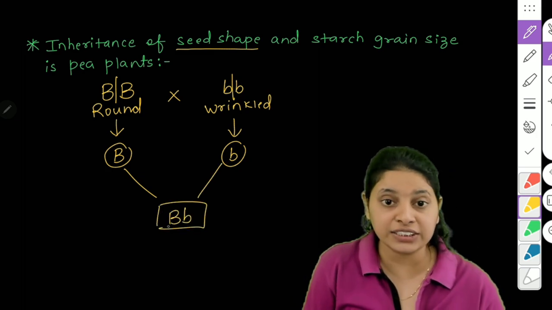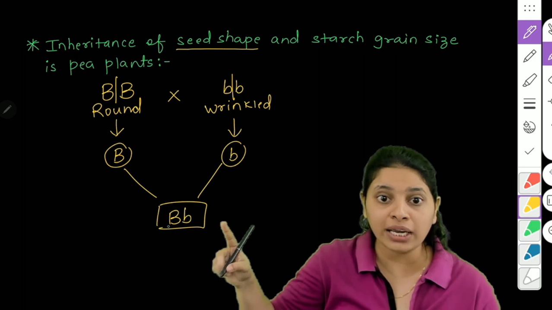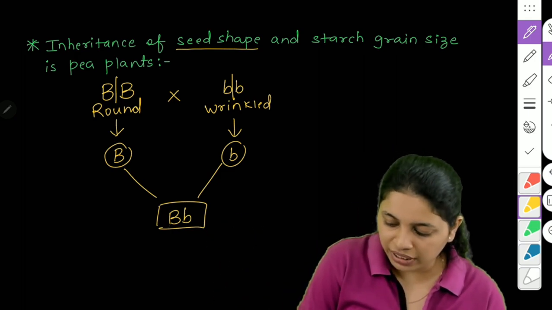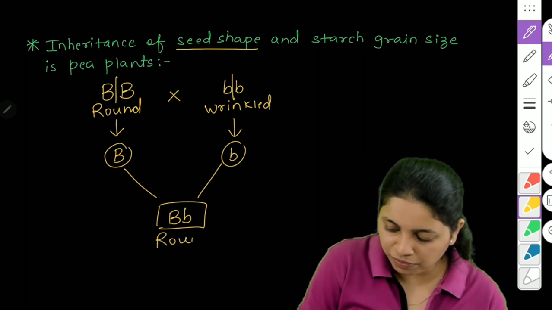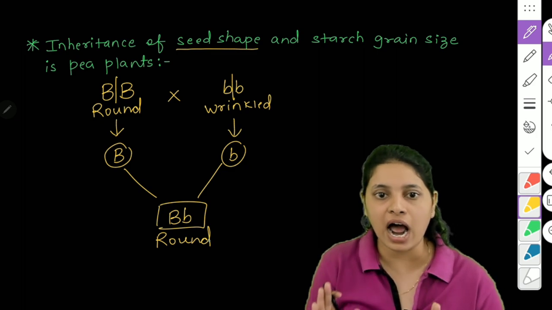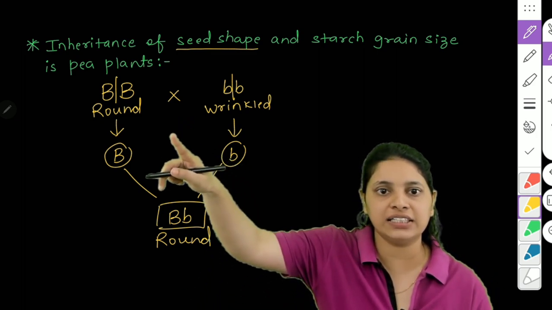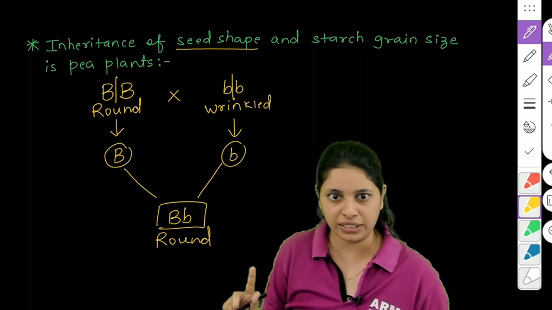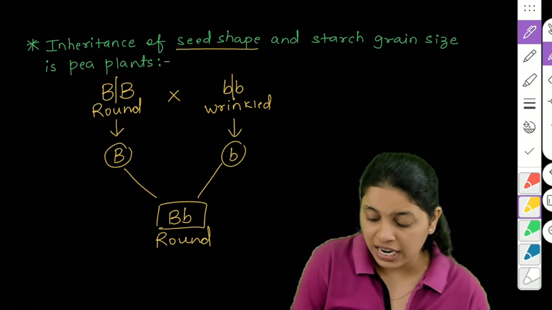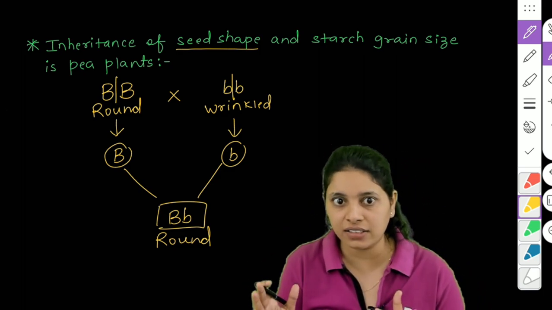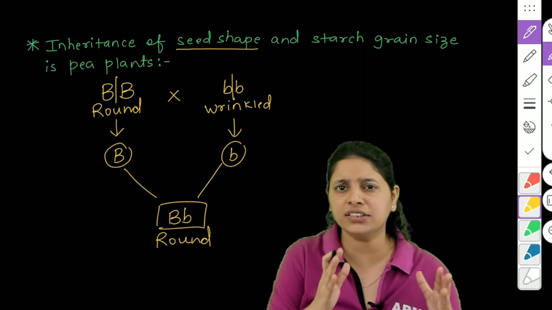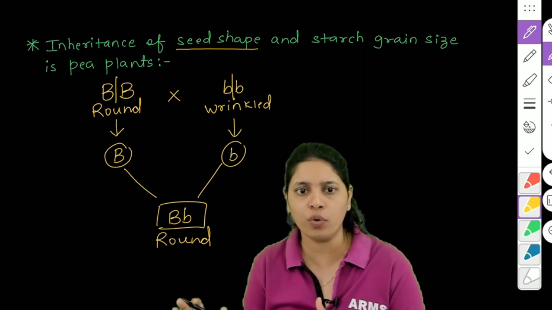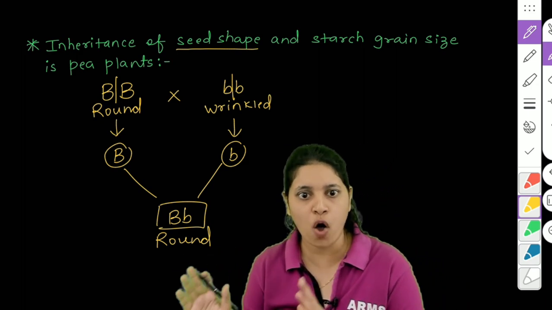Now, in this case, we see that the genotype is hybrid, heterozygous, but what phenotype do we observe? Complete round shape, as seen in the first parent. That means here the capital B character, the round shaped character, is completely dominant over the wrinkled, that is the small b allele.